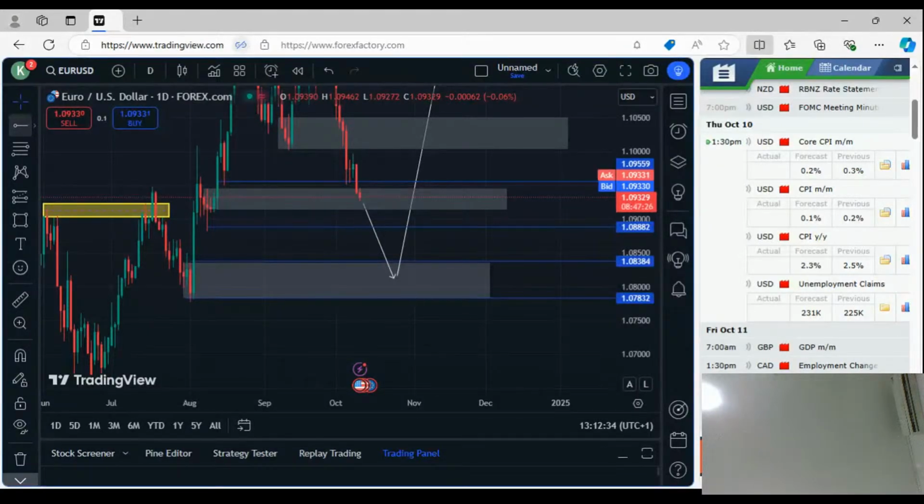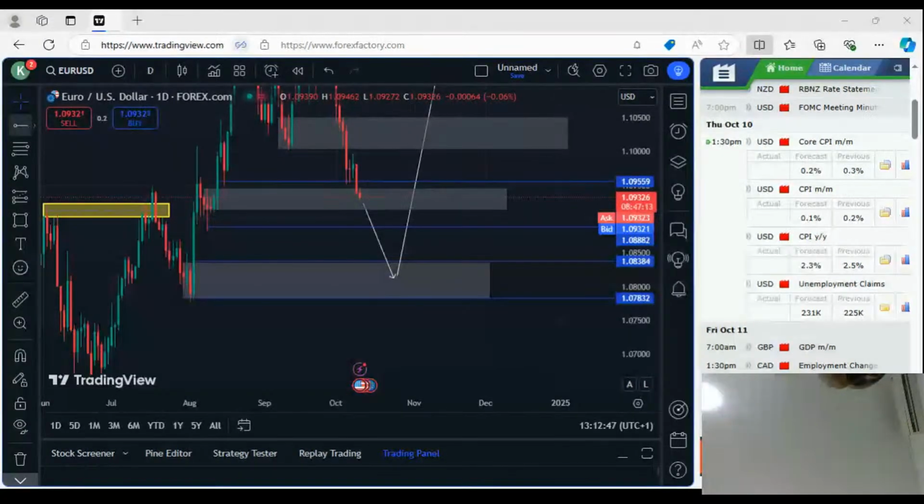EUR/USD buy limit at 1.08384. Stop loss at 1.07832.